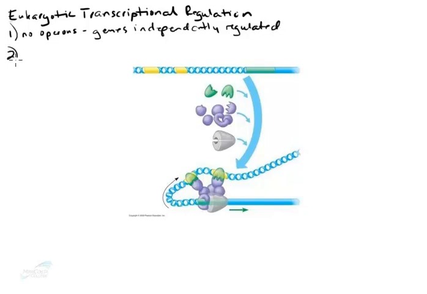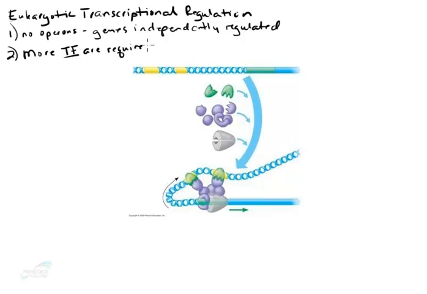The second general feature that we see in eukaryotic transcriptional regulation that makes it a little bit different from what we saw in prokaryotes is that in general more transcription factors, and again I'm abbreviating that TF, are required for a given gene.